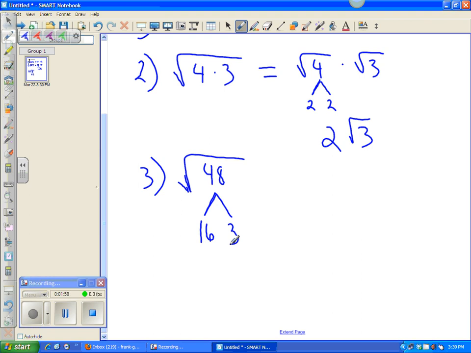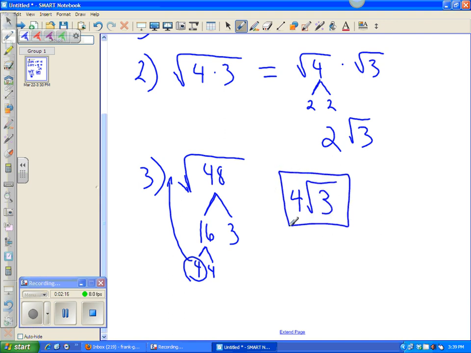Well, I know that this 16 can be square rooted into 4 times 4, which is a perfect square. So 16 is a perfect square. So now this 4 will be outside, which will give me 4 square root of 3 as my simplest form of this answer. Okay, hope that helps a little bit on simplifying these radicals.